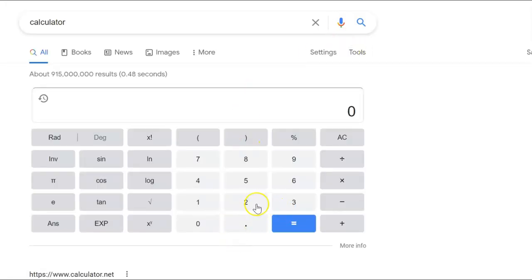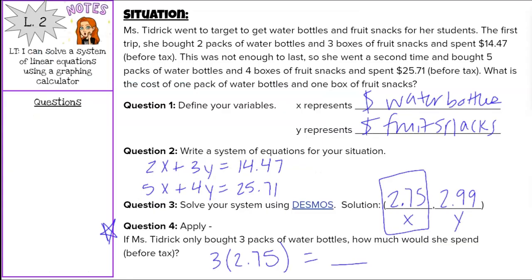So we just open up a calculator, do 3 times $2.75 equals $8.25. So if all I wanted to buy was 3 packs of water bottles, I would spend $8.25. And that's all the notes I have for you, so go ahead and move on into your practice.